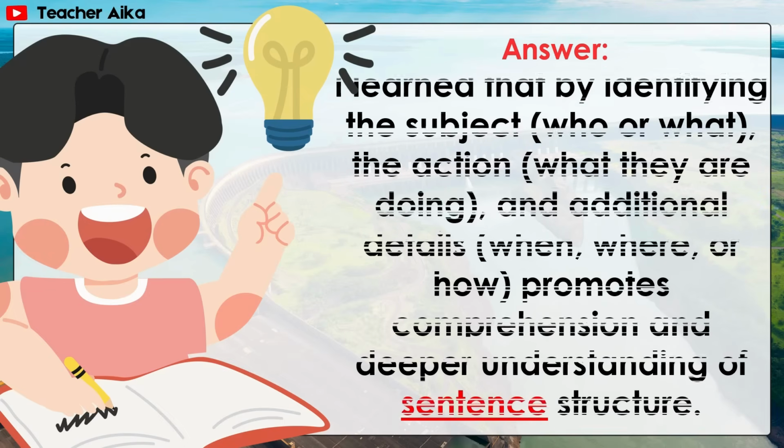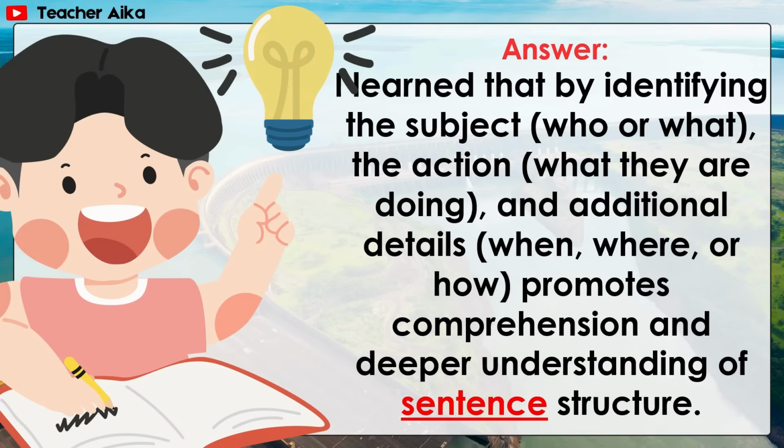Let us answer. I learned that by identifying the subject, who or what, the action, what they are doing, and additional details, when, where, or how, promotes comprehension and deeper understanding of sentence structure.